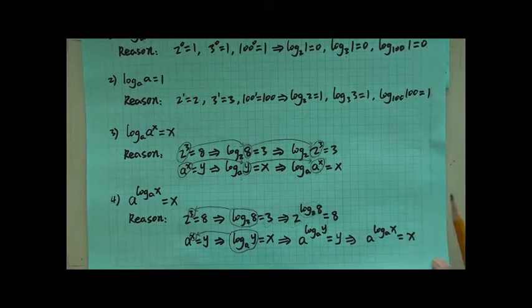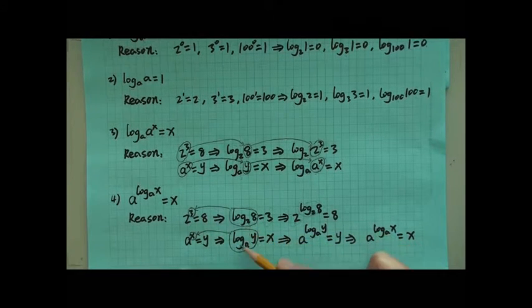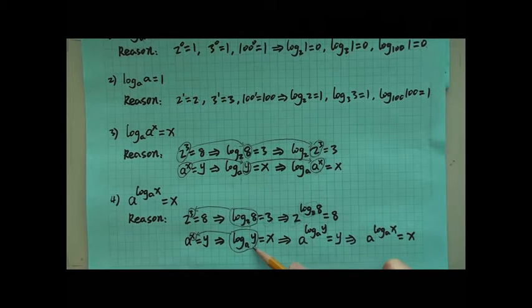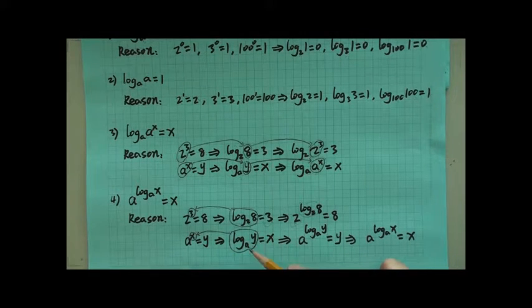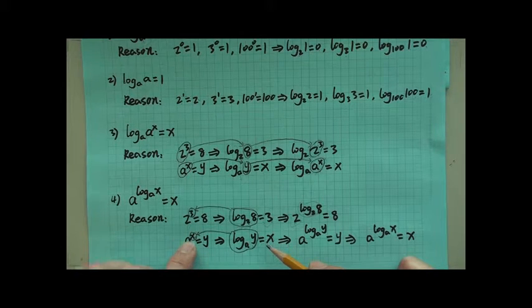And here is the general reason. The same. x is like 3, a is like 2, y is like 8. So you write this one in the logarithm form like that. Log base a to the y equals the exponent x. Log is to find out the exponent. Now, similarly to the above, here is x, here is x, the same x.